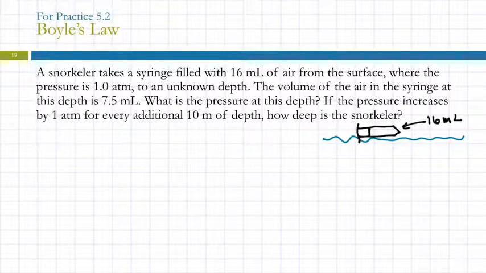And he takes that syringe, or she, and brings it down here. Oh, we need the plunger. And it says that the volume of the air down here is 7.5 milliliters. So I'm going to make that smaller. So that's 7.5 milliliters. So it's like the plunger has been pushed in, right? It was longer here.